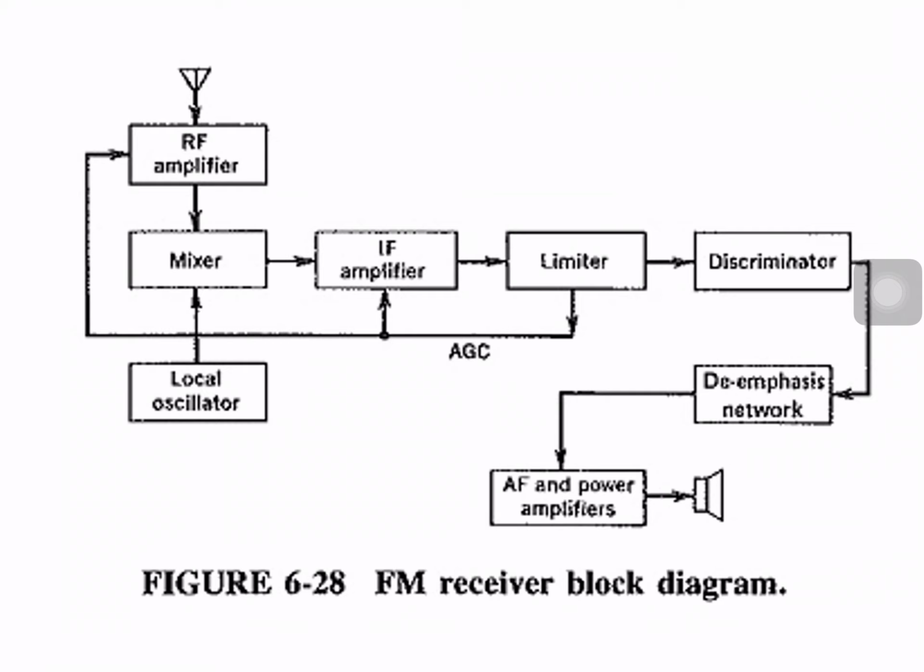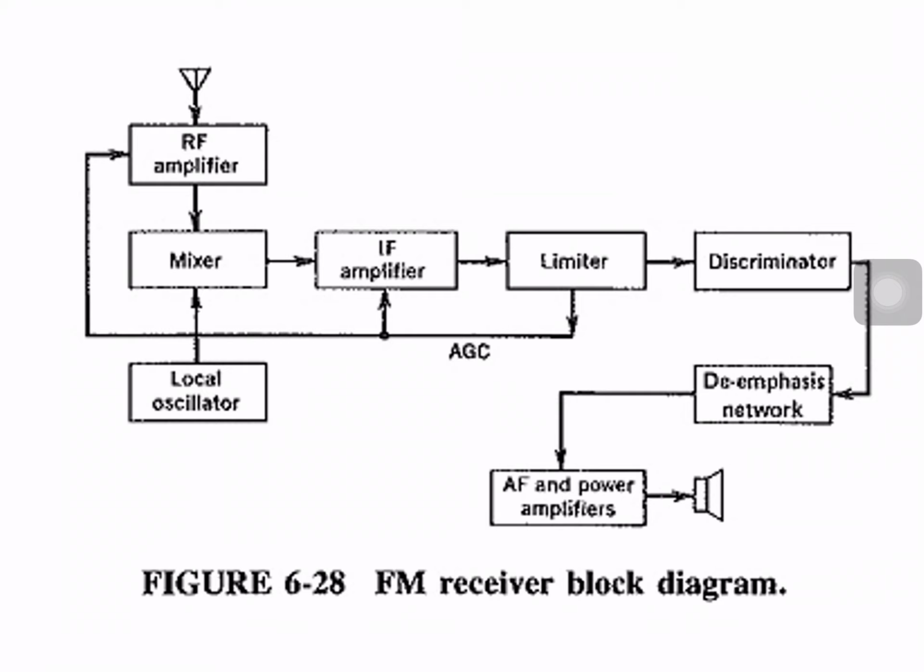An RF amplifier is always used in an FM receiver because we deal with high radio frequencies. Its main purpose is to reduce the noise figure. Noise figure is a measure of the noise which comes with the signal received.